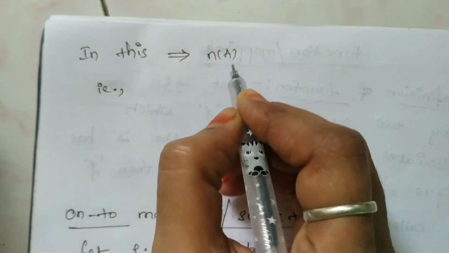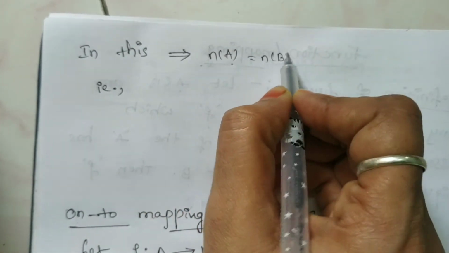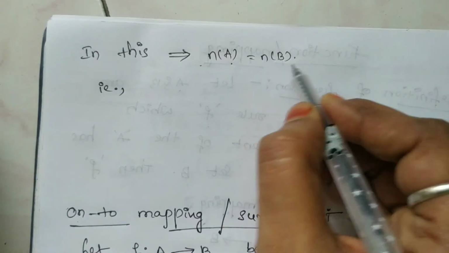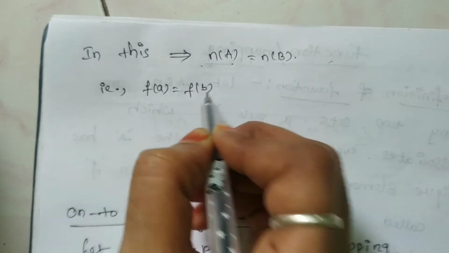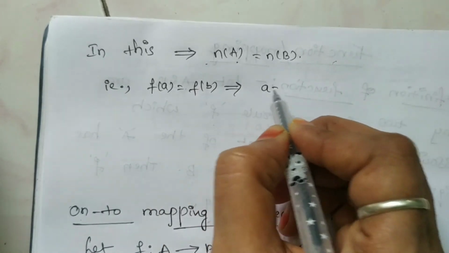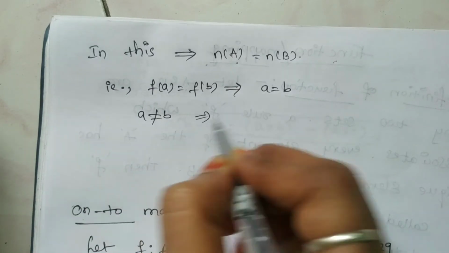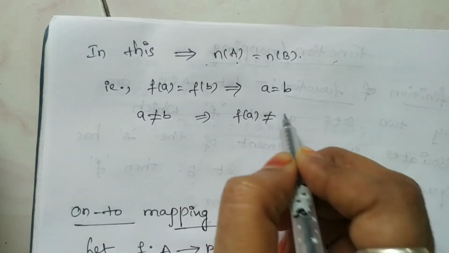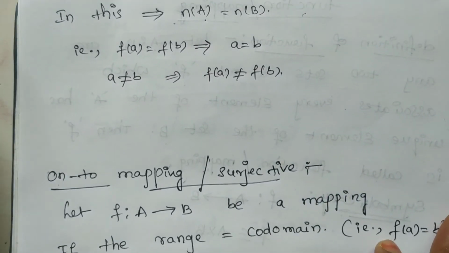The number of elements of A, that is n of A, is equal to the number of elements of B, and also f of a equals f of b implies a equals b. Suppose a is not equal to b, then f of a is also not equal to f of b. So this is a one-to-one function.